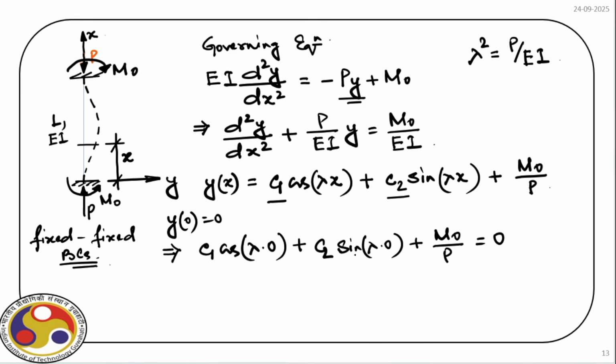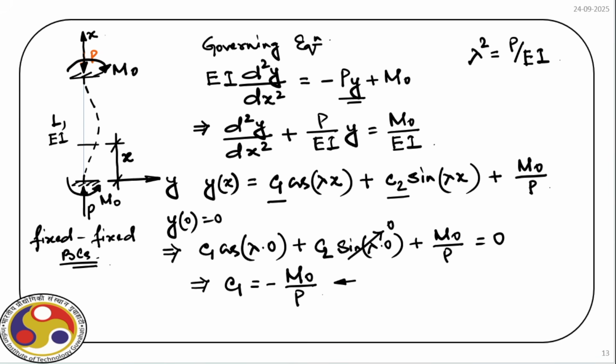Now obviously this term goes to 0, and what we have is C1 is equal to minus m0 by p. So we have the first constant C1 evaluated, and it is minus m0 by p.